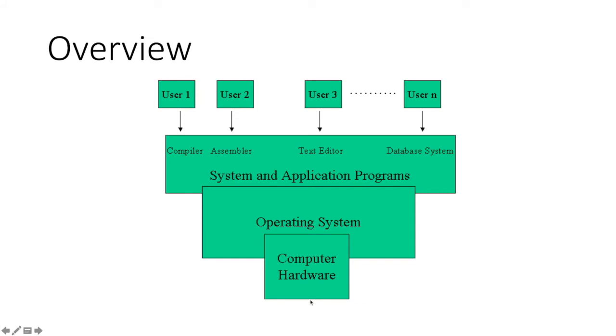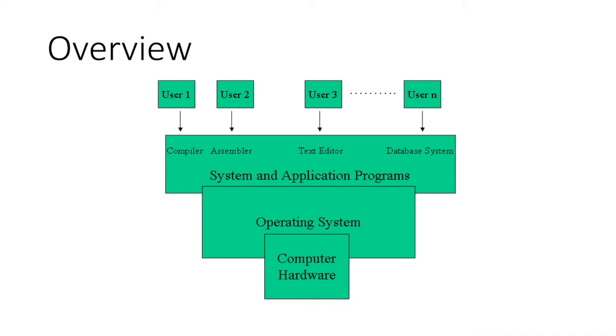This is the hardware which has a processor, some RAM, and some storage. If you're not familiar with these terms, basically it's the thing you can touch and feel, like the mobile phone. You can hold it in your hand, and inside it we have put a lot of technology. All of that is the computer hardware.